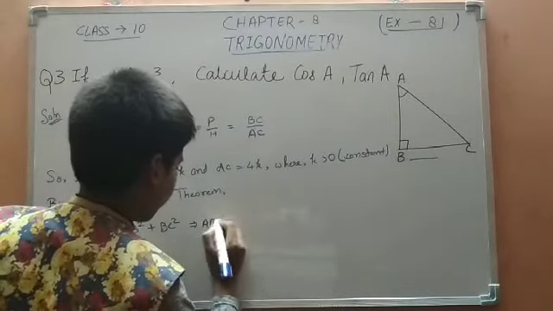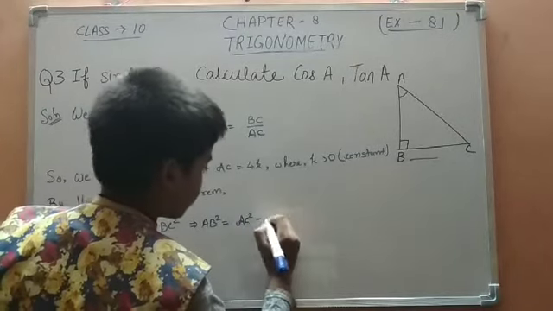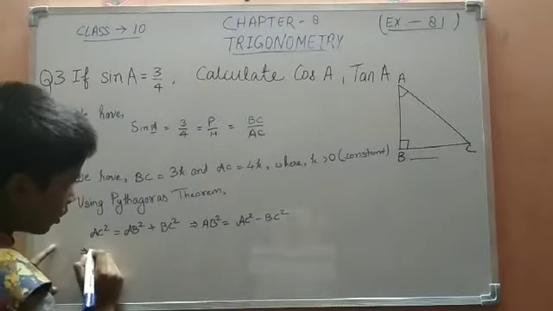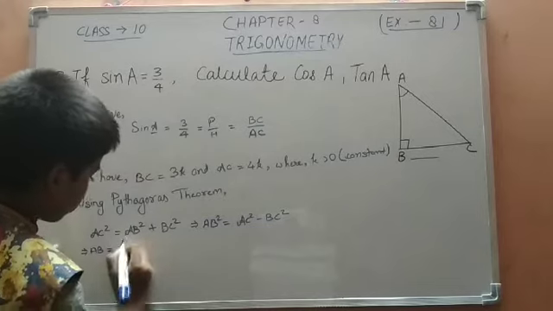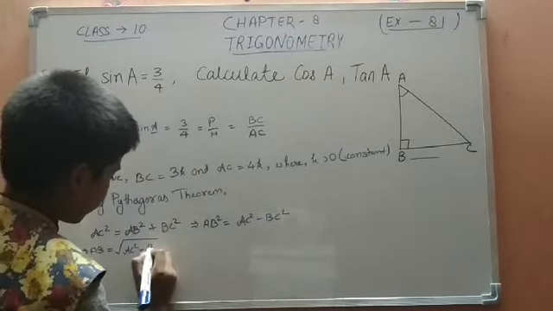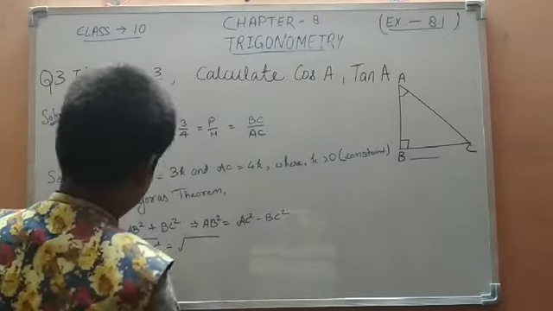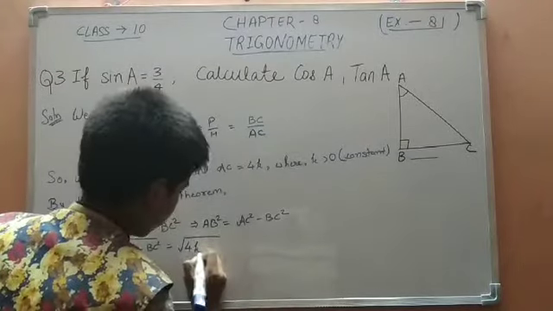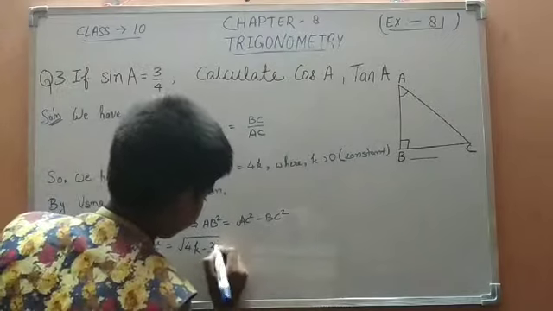So square of AB is equal to square of AC minus square of BC, or AB is equal to square root of square of AC minus square of BC. What is the value of AC? 4k, minus the value of BC, 3k.